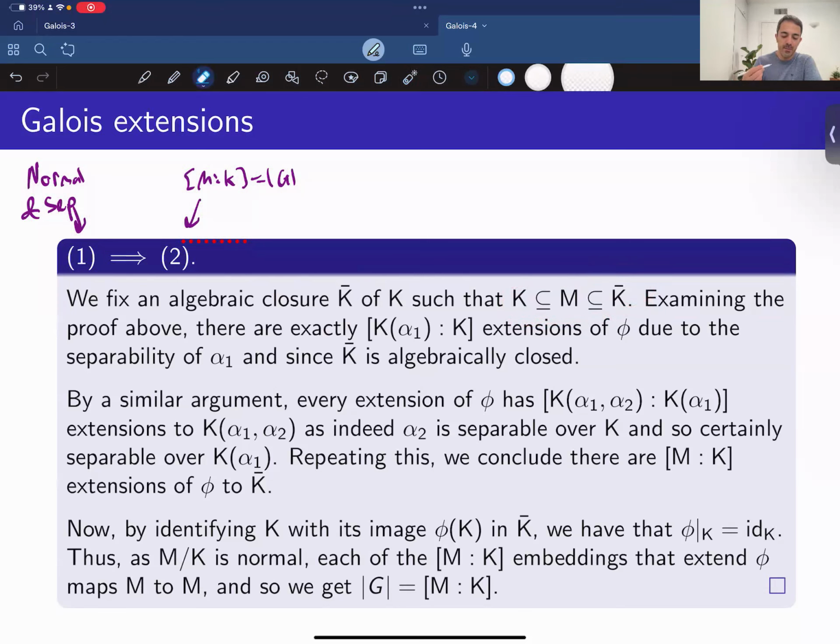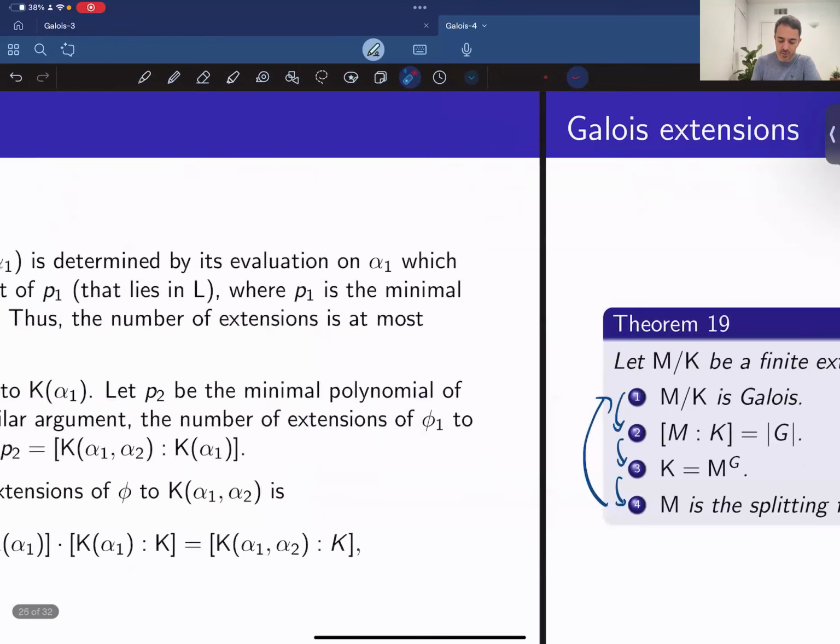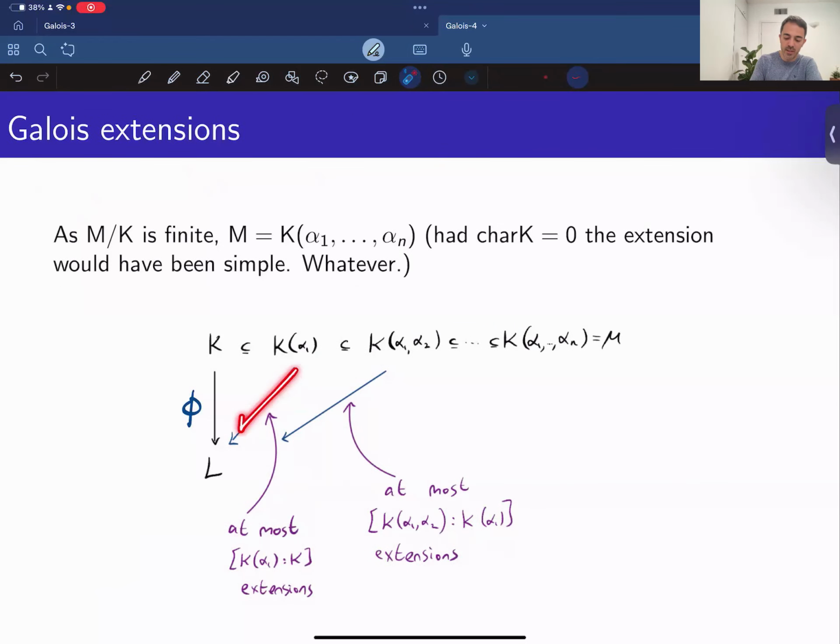If you consider the previous proof that we talked about, there are exactly this number of extensions of phi due to the separability of alpha 1, and since K bar is algebraically closed. Going back to this, we said that the only reason you won't get equality here is that the polynomial is not separable, the minimal polynomial of alpha 1 is not separable, which will make you lose roots.